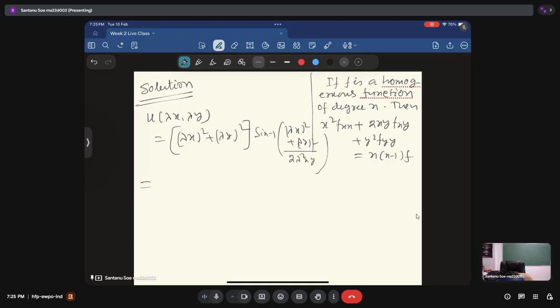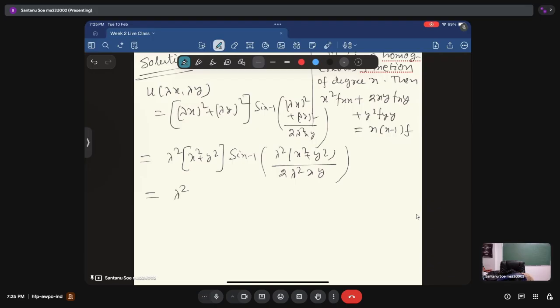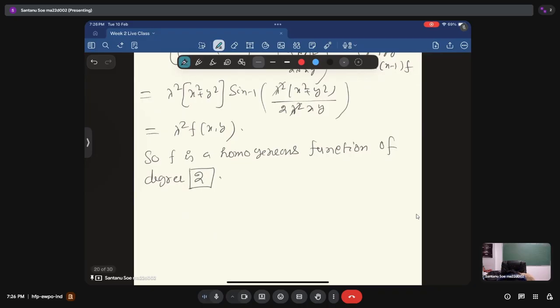Okay, so this will be lambda square times x square plus y square into sine inverse of lambda square times x square plus y square by 2 lambda square xy. So the lambda squares will get cancelled out, and this will be f(x,y). So f is a homogeneous function of degree 2.